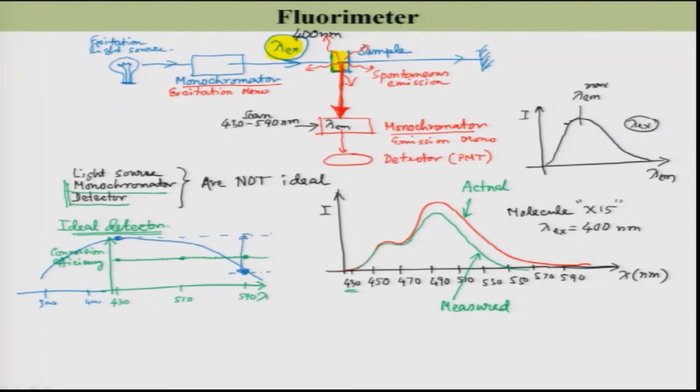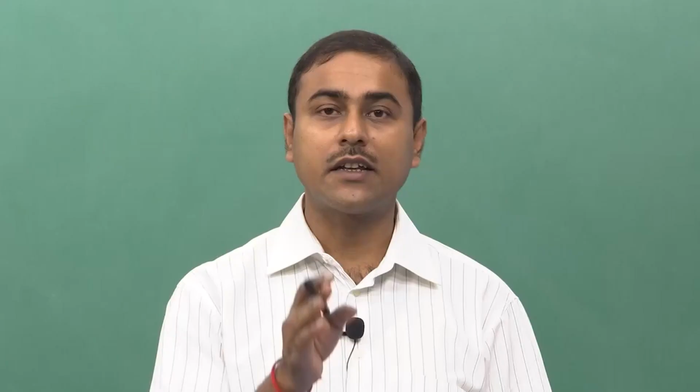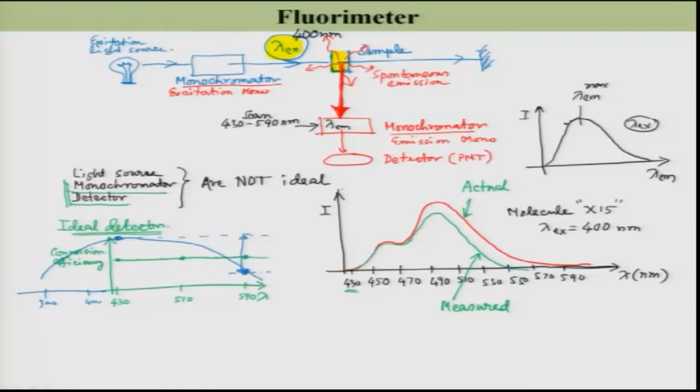That means, if the intensity of the incoming 430 nanometer light and incoming 590 nanometer light are same, still the detected signal by the detector will be different. The detector will tell that 430 nanometer light intensity is more than the 590 nanometer light, because the conversion efficiency is different. That means, I have to do some corrections over here, and how we are going to do this correction, we have to discuss.